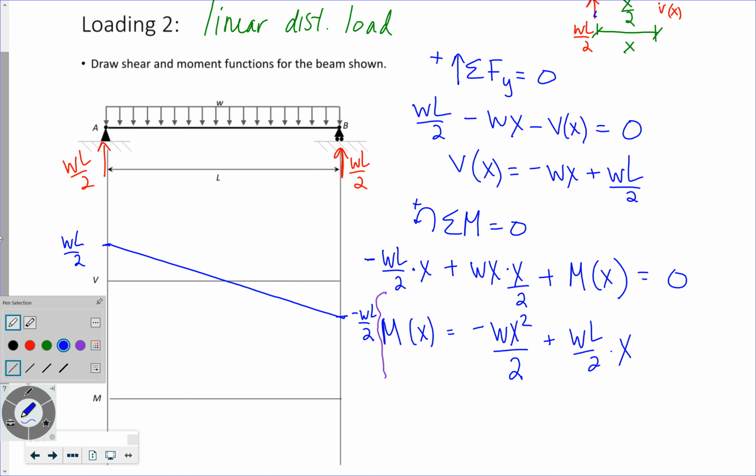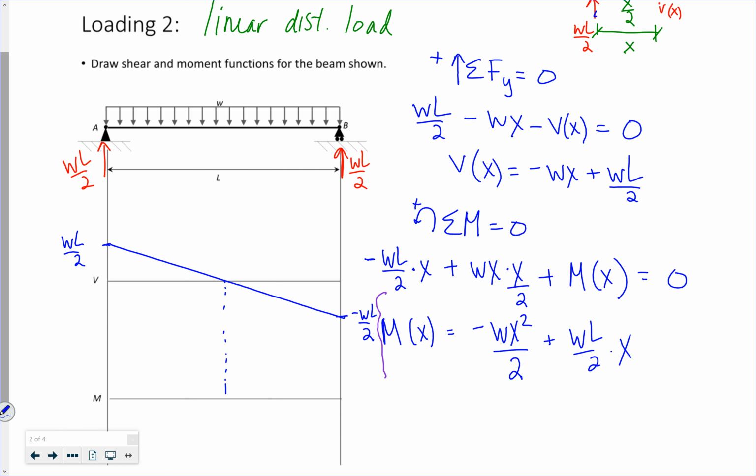Right, and then my moment function is a parabola. If you want to plug it into your calculator or into Excel to see what it would look like. Well, let's see. I have a 0 right at the center for my shear function, so I know I'm going to have a maximum right there. So it's going to look like that.